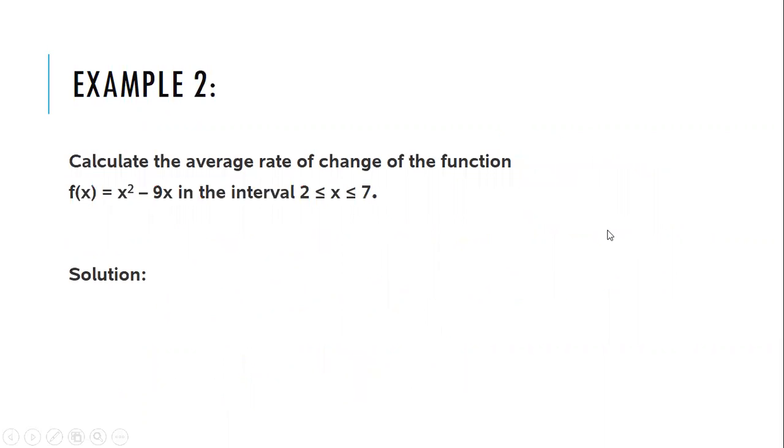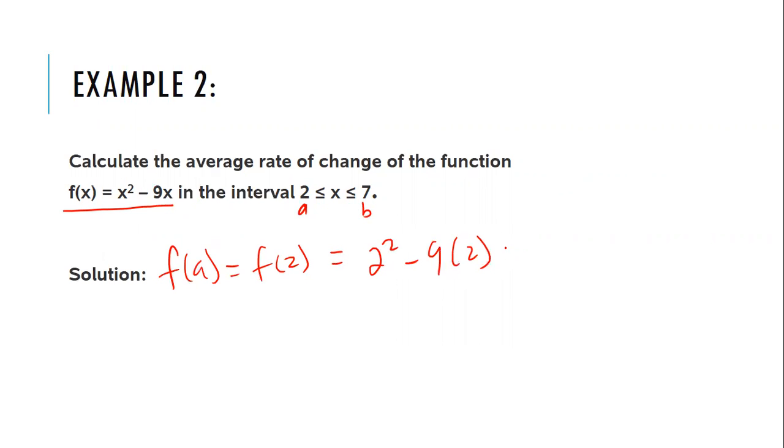Now let's look at a non-example of average rate of change. You're going to still do the same steps. Identify your starting point of your interval and the ending point of your interval, and find their f of A and f of B. Our function is f of x equals x squared minus 9x. f of A equals f of 2, which equals 2 squared minus 9 times 2.